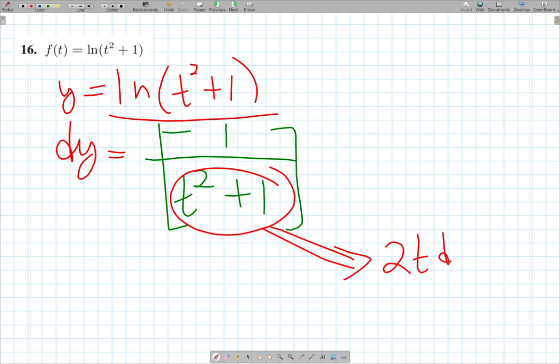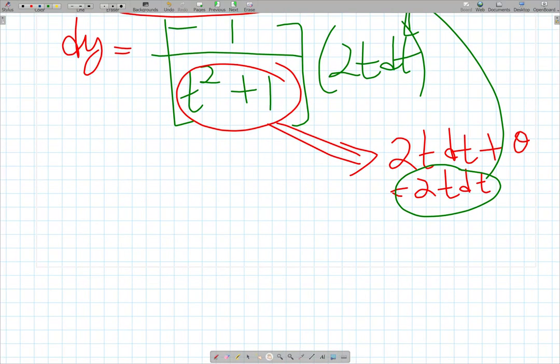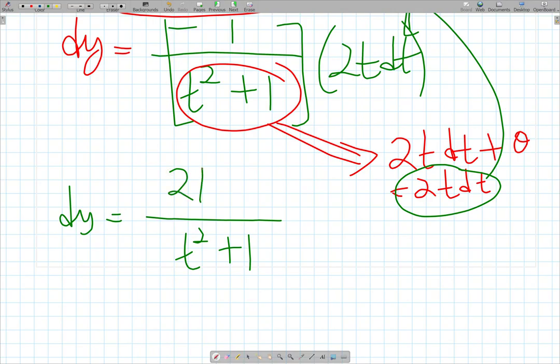So 2t dt plus the derivative of the constant 1, which is 0. So this will be 2t dt. Simplifying again, dy is equal to 1 over t squared plus 1, and 2t dt times 1 is 2t dt.